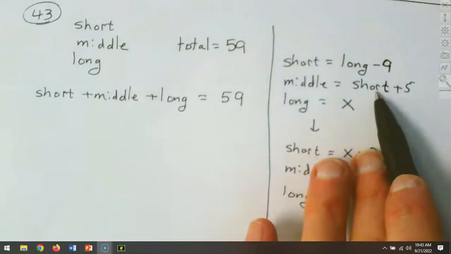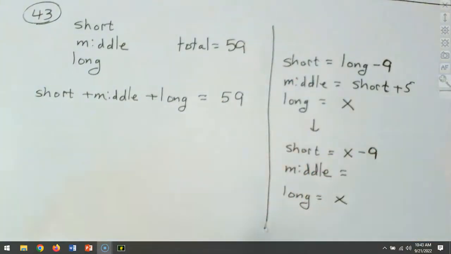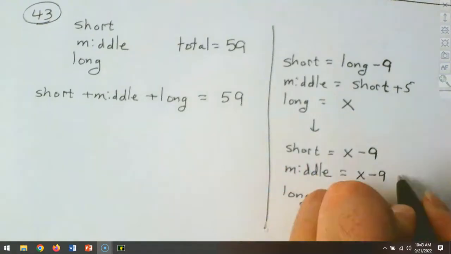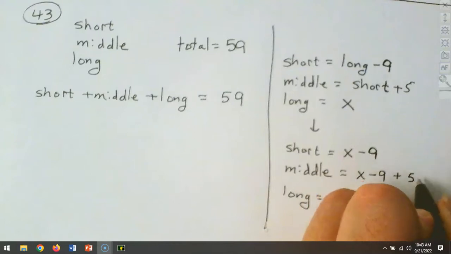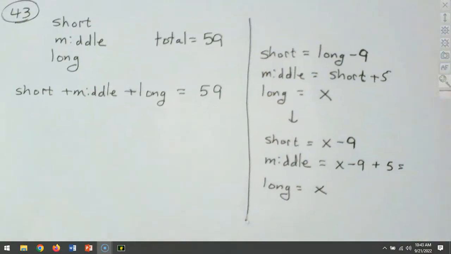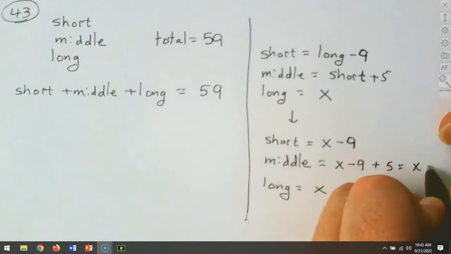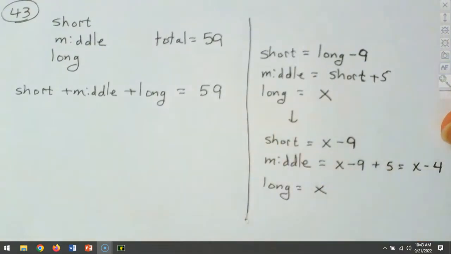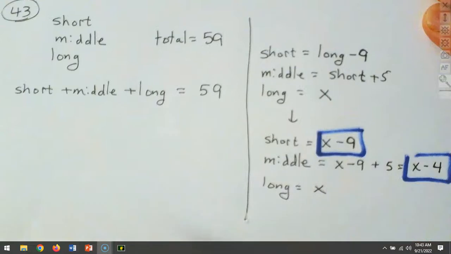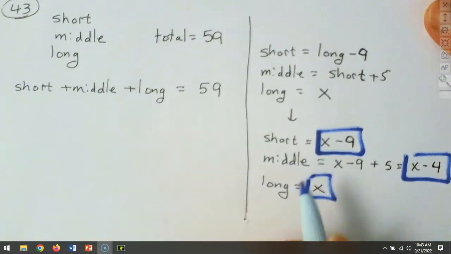Middle side is the short side plus 5, so that's x minus 9, and then what do we have to add to that? 5, because you still have the 5 there. And when we put them all together, what does that give you? x minus 4. So there's our parts: x minus 9, x minus 4, and the x there.